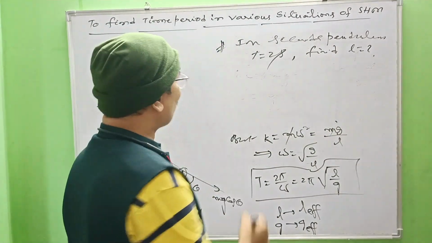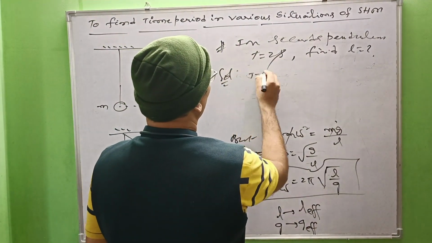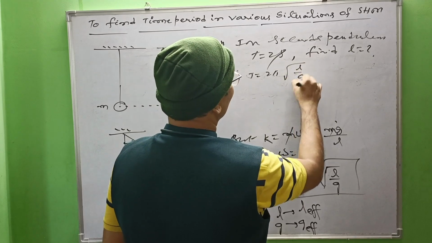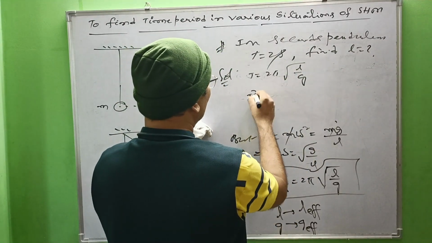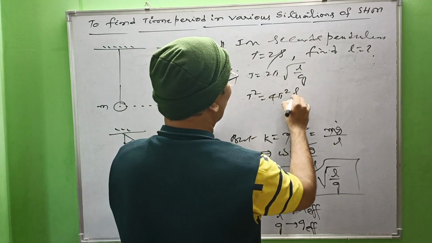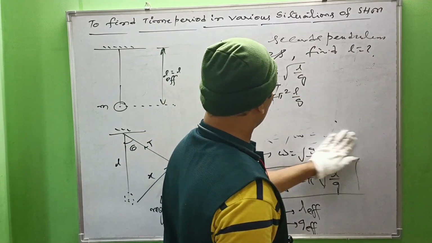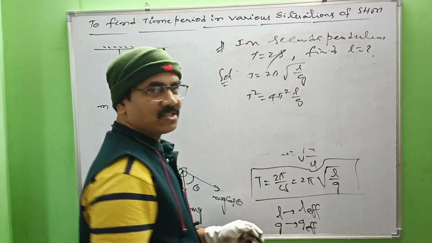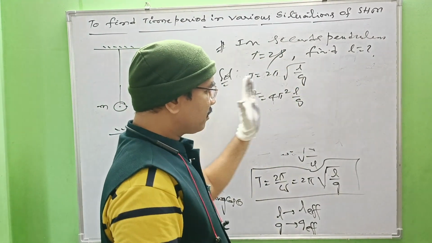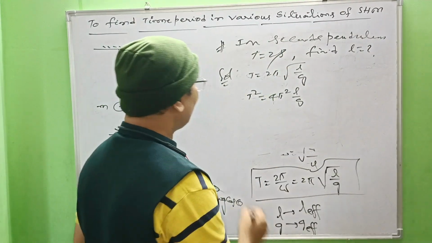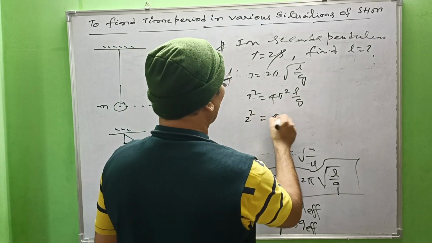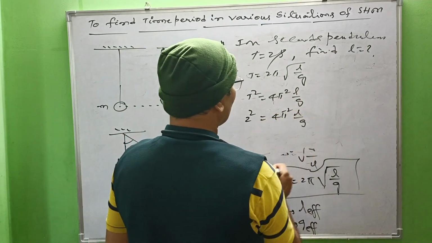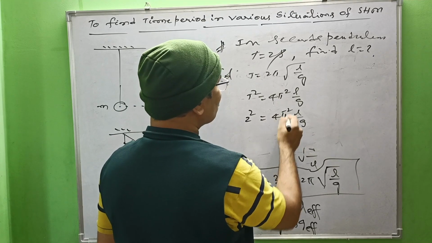Now take this formula. T equal to 2 pi root over L by G. On squaring, T square equal to 4 pi square L by G. What is the value of time period here for a seconds pendulum? 2 seconds. So for each oscillation it takes 2 seconds. That is 2 square equal to 4 pi square into L by G. Pi square is almost equal to g.